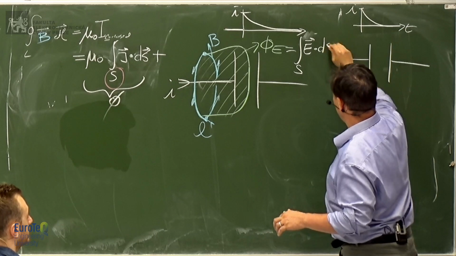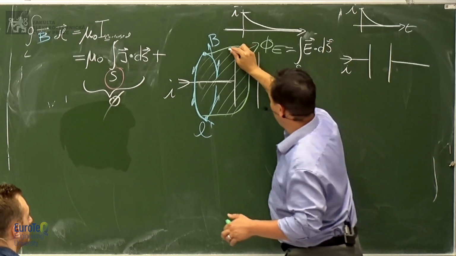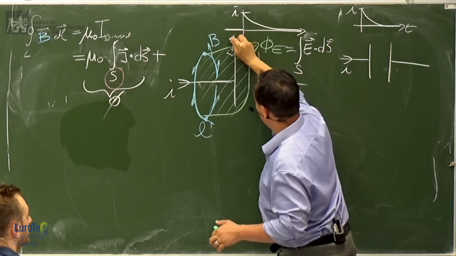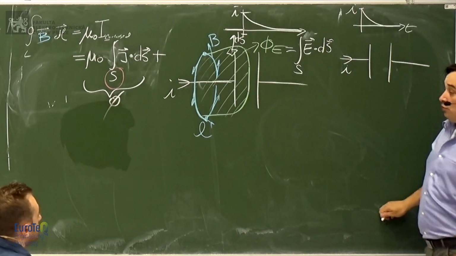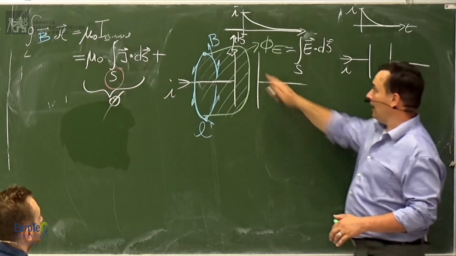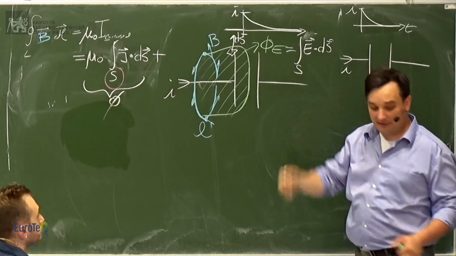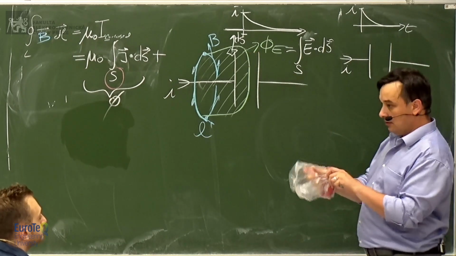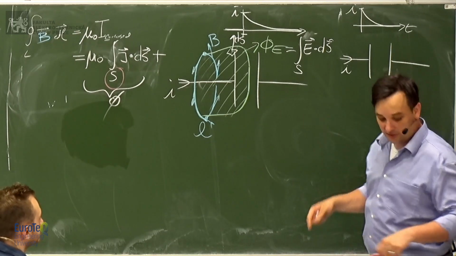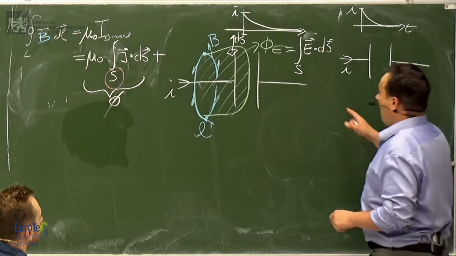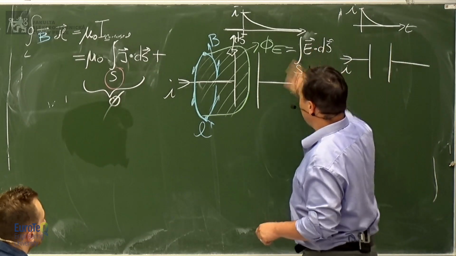So again, you have in any point here an orthogonal vector dS, and again we're calculating how much flux goes through the surface. It should be perpendicular, all these sorts of details. So this is the flux.